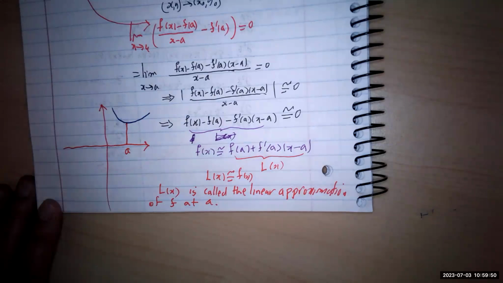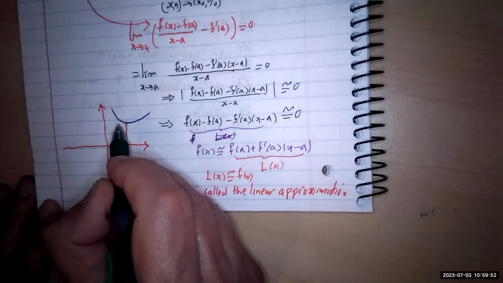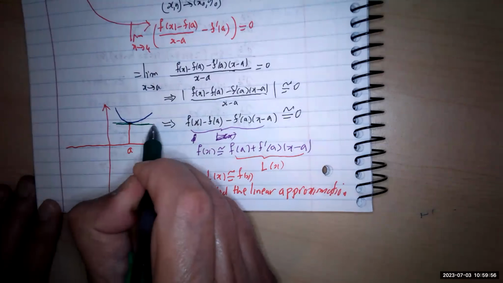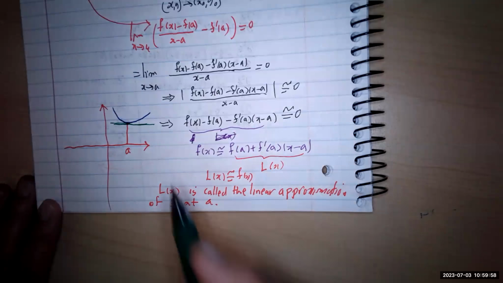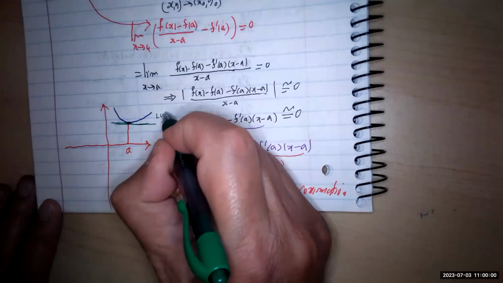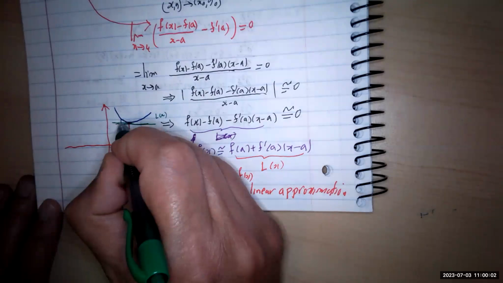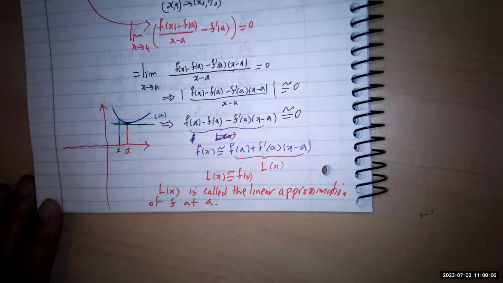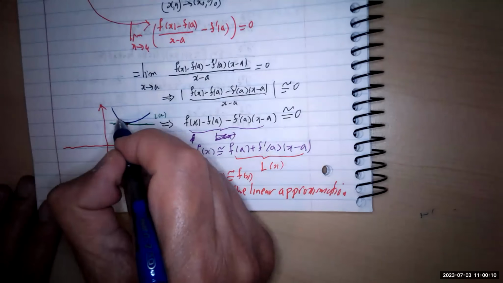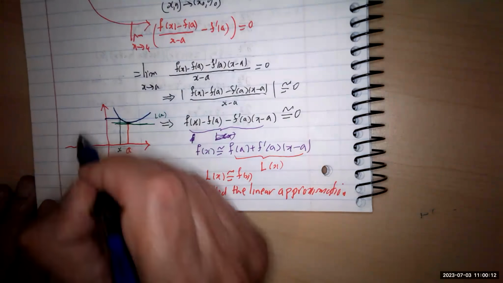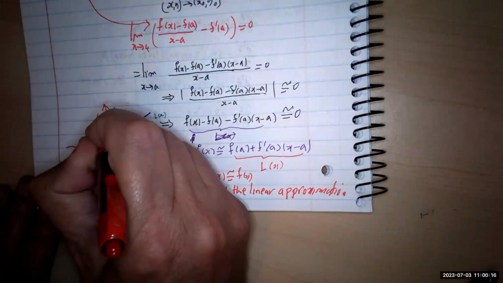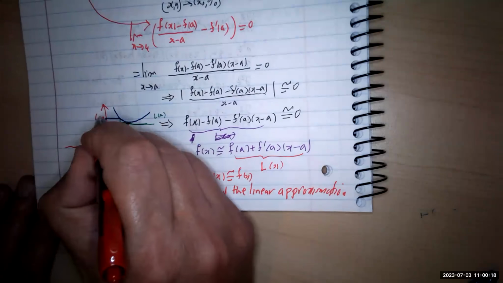This is your tangent line, which is the same as L of x. If you take a point x, the value of the function on the curve is going to be f of x.